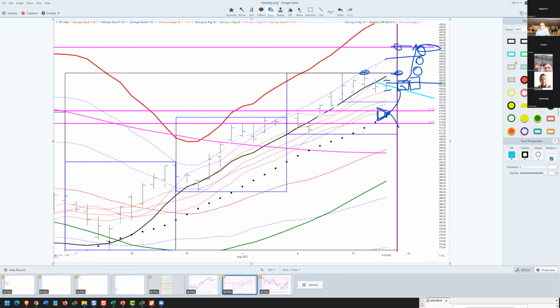And then were it to break out of that and get through the spine of the dragon, the 5-day low, the skin of the dragon, back into the river, it could get down here to 418. And so now you have a nice 1, 2R move, 3R if you go all the way to this support level at 414.